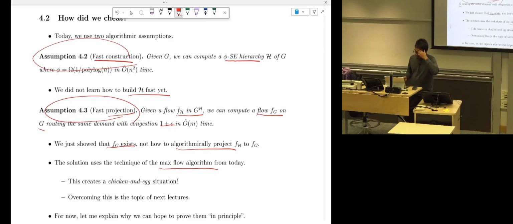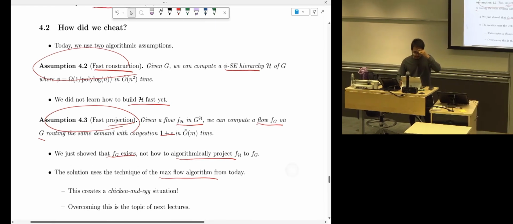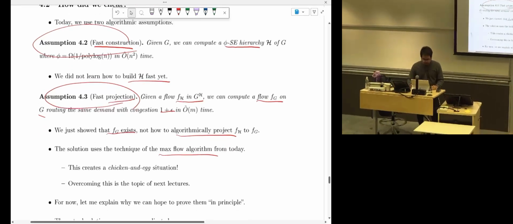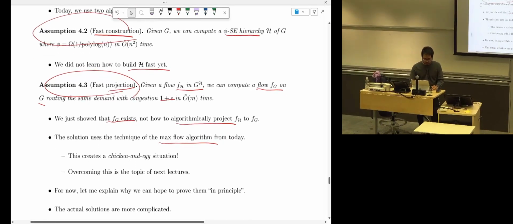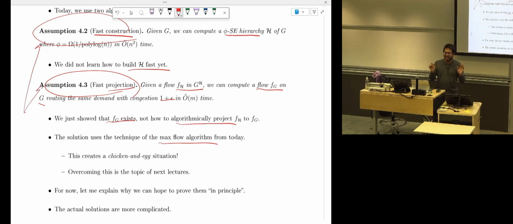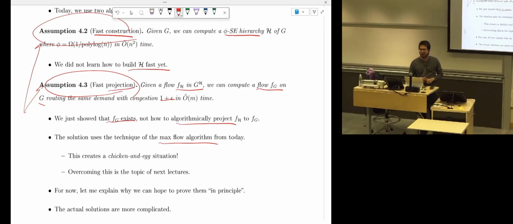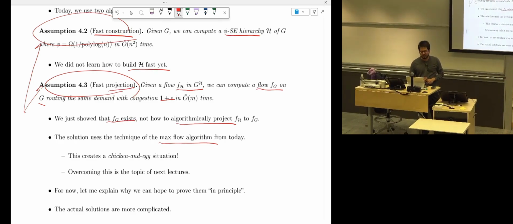So what I'm going to do tomorrow is first tell you, at least in principle, why you think you can do both of these. We're going to see how in principle you should hope for a fast construction of the SC hierarchy and fast projection.